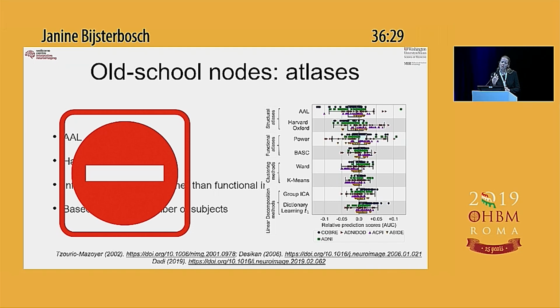So you can have a structural region that includes, for example, multiple different functional regions. And there's a lot of evidence for this. This paper here on the right is just showing some evidence in terms of predictions for behavioral information being much worse if you use these AAL and Oxford atlases, for example. So don't use anatomically derived atlases as your nodes.